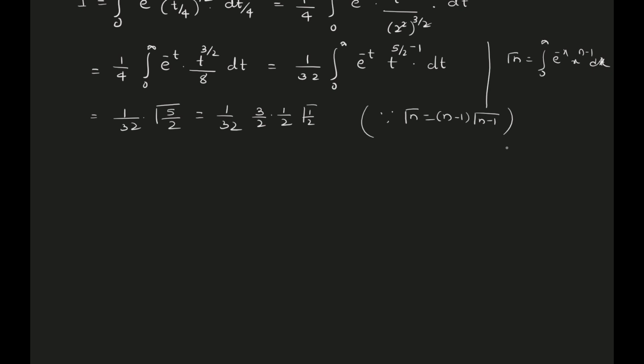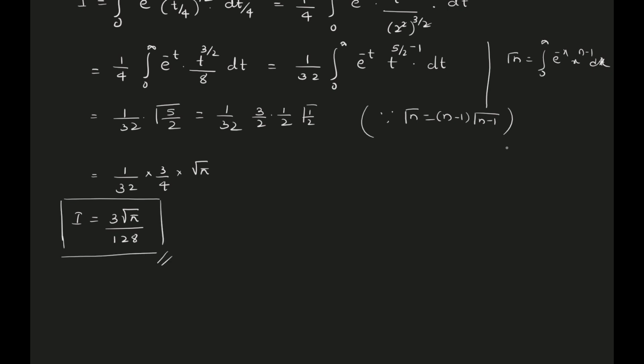So here it is 1 by 32, here 3 by 4. Gamma of 1 by 2 is square root of pi. So I is equal to 3 root pi divided by 128.